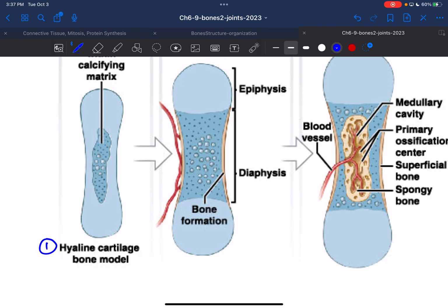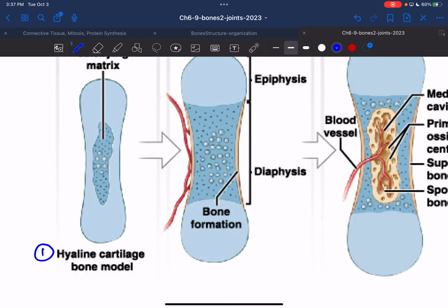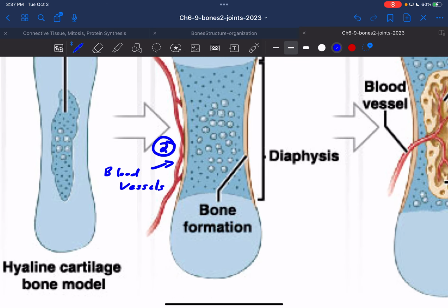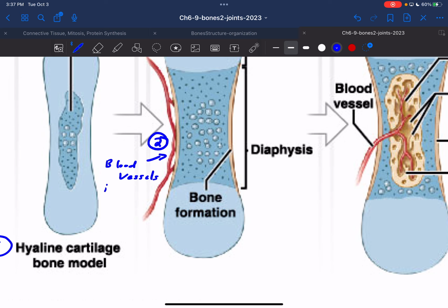The next thing we see is that we start seeing blood vessels. I'm going to put a 2 here, and we see blood vessels, and I'm going to use the word that we learned last class, innervate, which means, again, to embed itself.